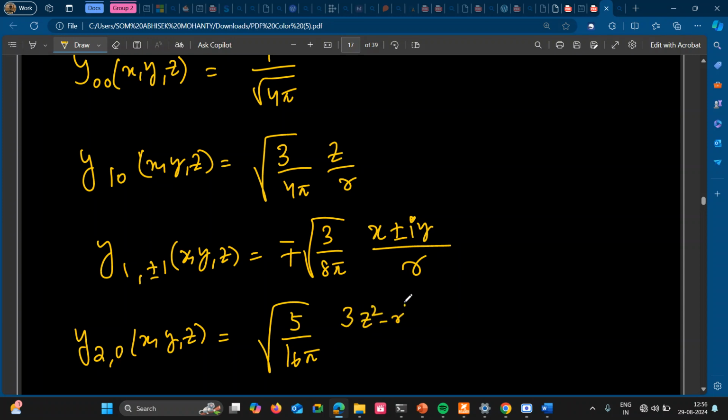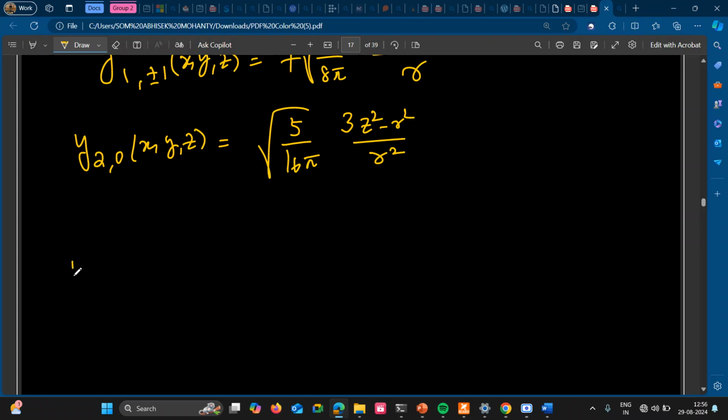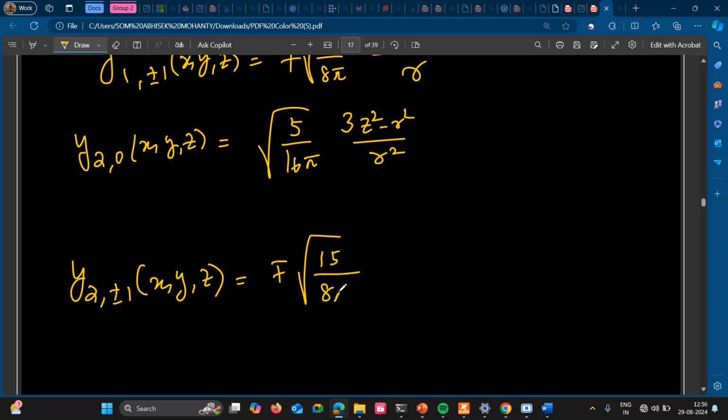You have to remember, there is no other way, no other trick. Now Y2 plus or minus 1 of XYZ will be minus plus root over 15 by 8 pi, x plus or minus iy, z by r square. So this one should be enough, I hope.